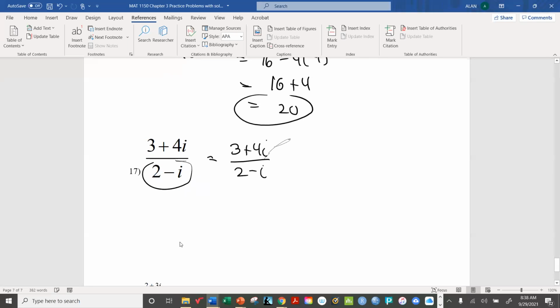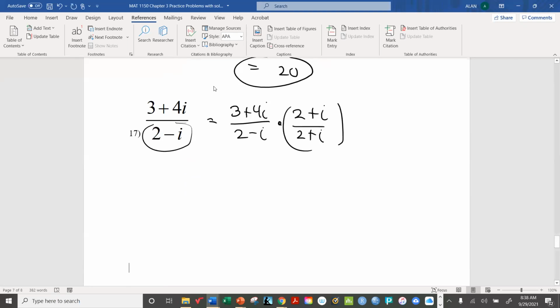So the complex conjugate of that is what we need. And when we're done, we'll have a nice simple result. At the very least, we'll have a constant or real number in the denominator.